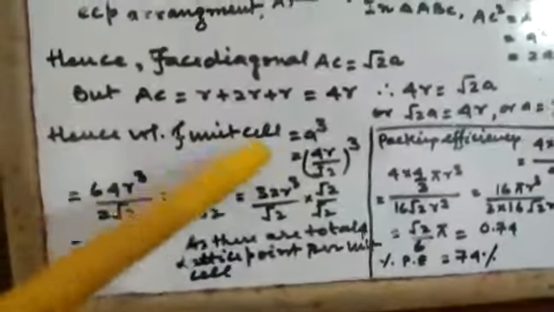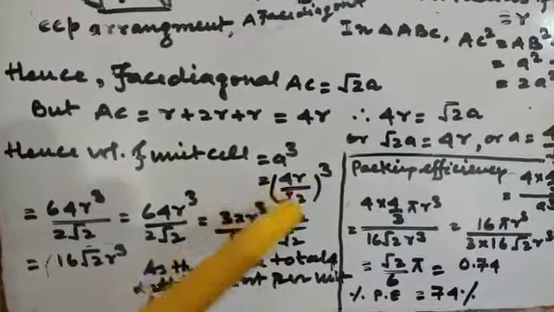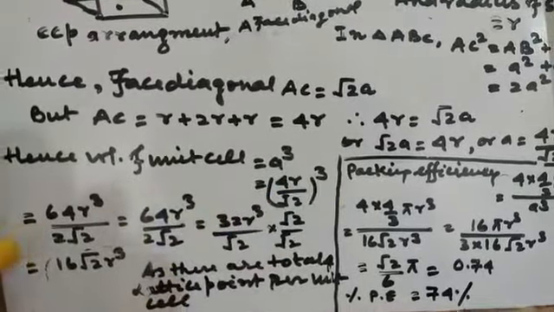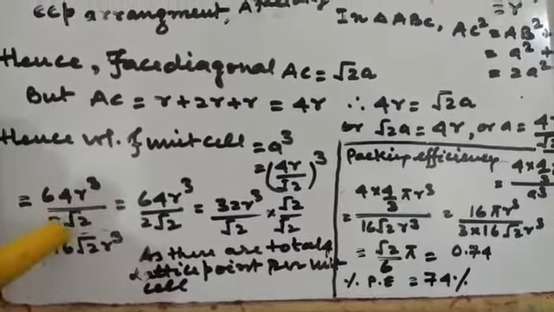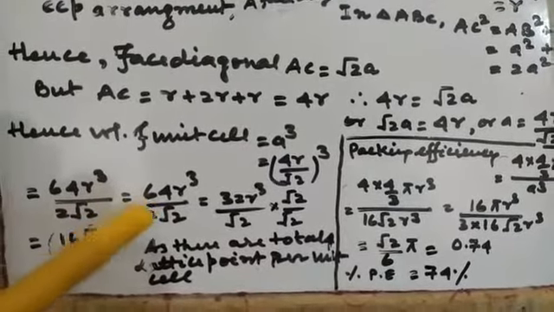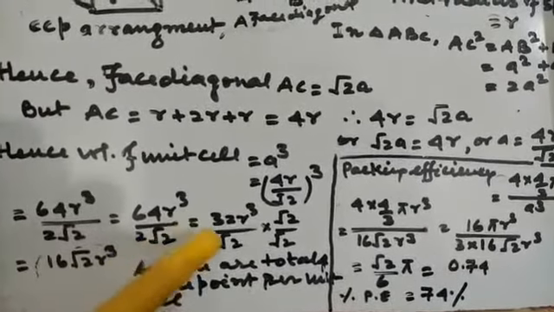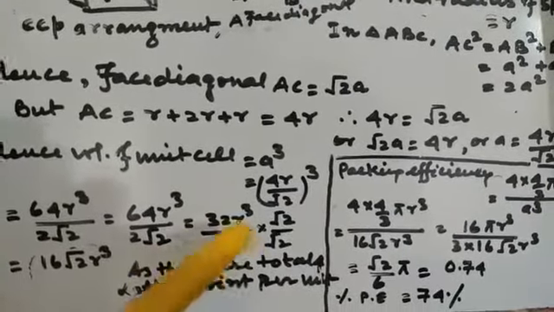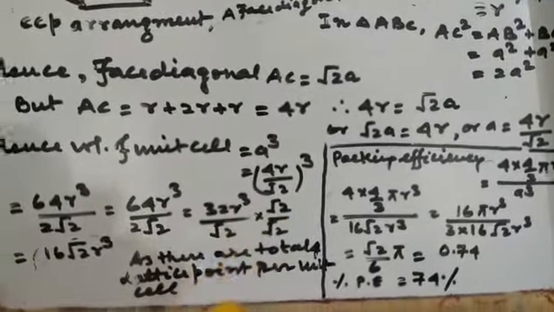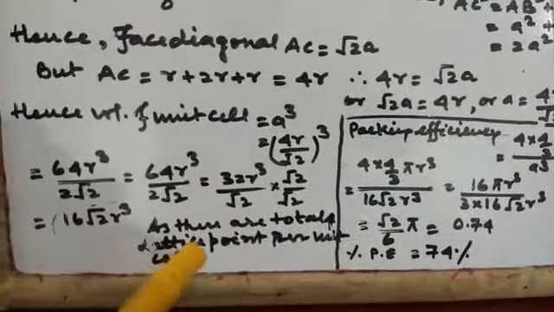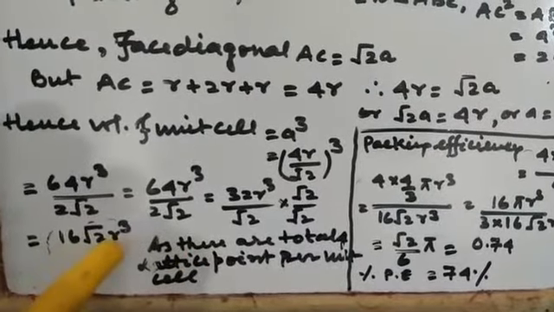Hence, volume of unit cell equals A cube, which is equal to (4R by root 2) to the power 3, equal to 64R cube divided by 2 root 2, equal to 32R cube divided by root 2, which on multiplying by root 2 by root 2 is equal to 16 root 2 R cube.